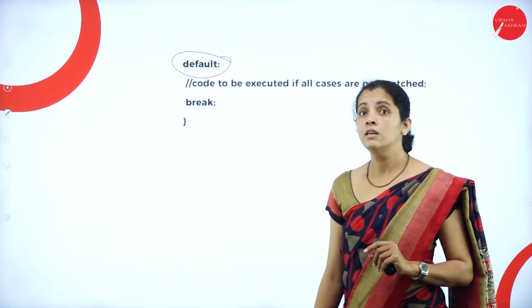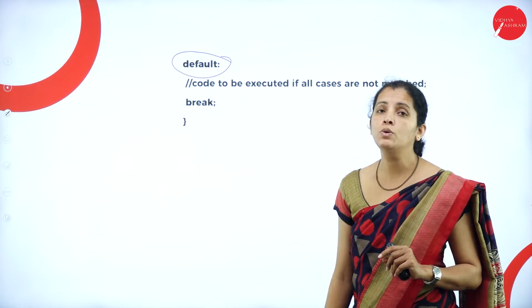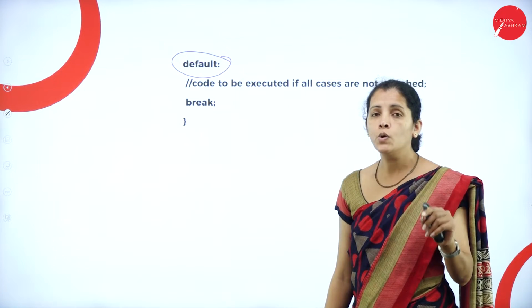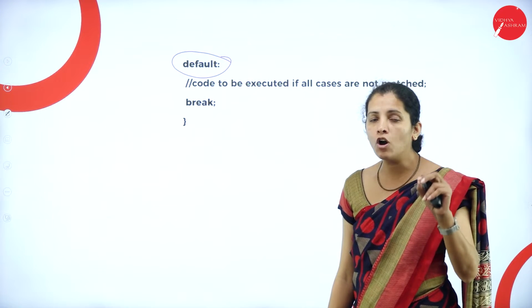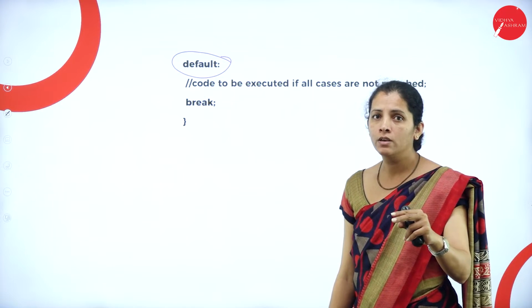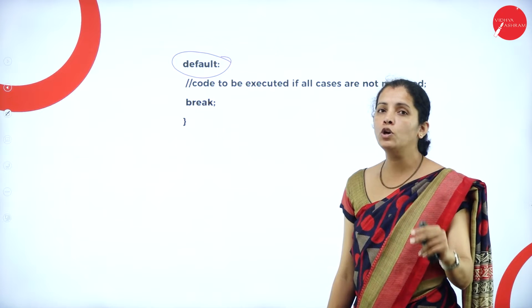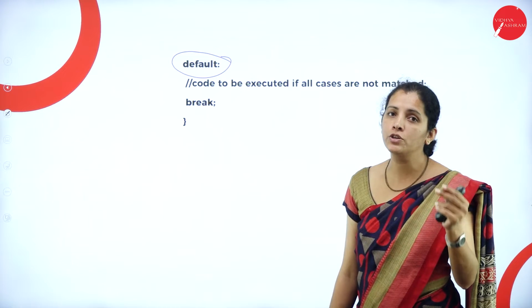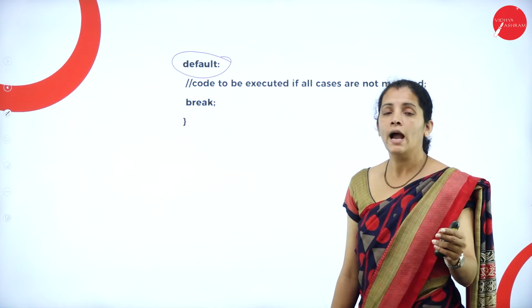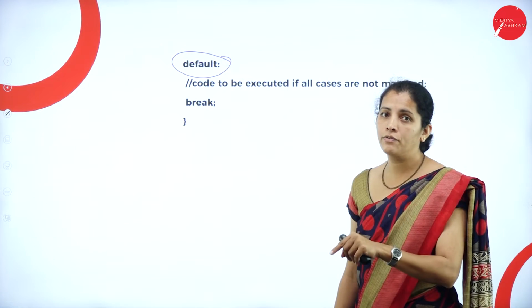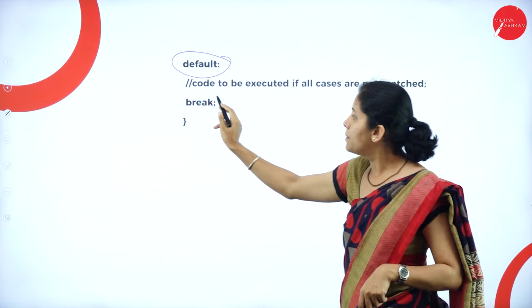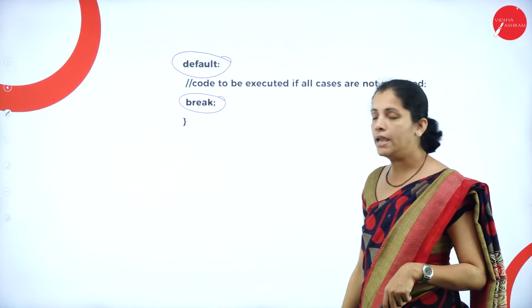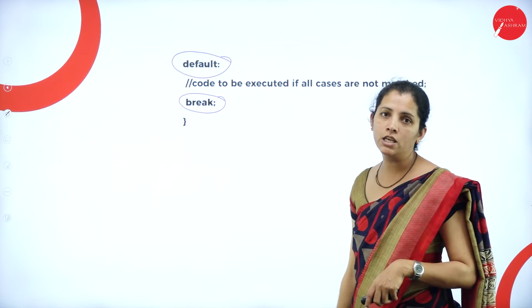That means there are times I'm going to select an option which is not present in the switch, or which is not present in the menu. At that time, I just want to give some information to the user, and I'm going to write that information in my default statement. Then I'm going to write the keyword break and this is the end of the switch.